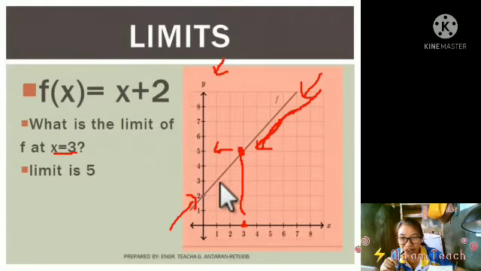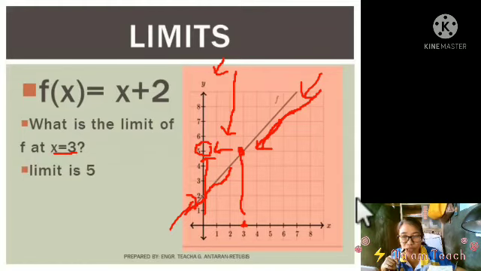Can you follow? As your x goes to 3, your y is going to 5. Or if you go from the top, your y is approaching positive 5. Do you get my point, class? So therefore, the limit is 5.